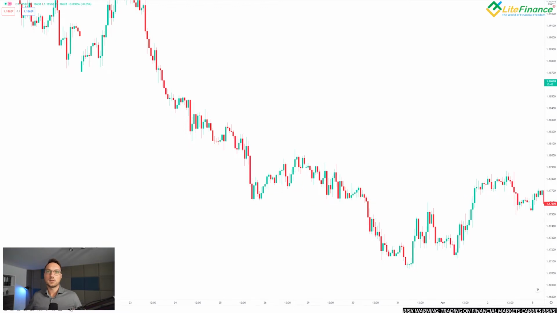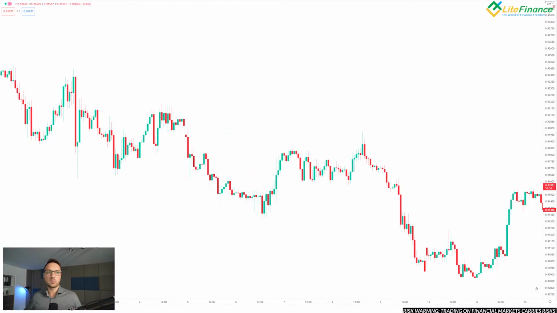Okay, so let's delete that and check another example. Again, a real life scenario. We have another descending triangle. And we have here a clear downtrend, a move to the downside, trying to break through this level. We have a clear situation where the price stopped at this particular level. The range was getting tighter and tighter, and therefore we broke out, but first to the upside before going in the right direction.